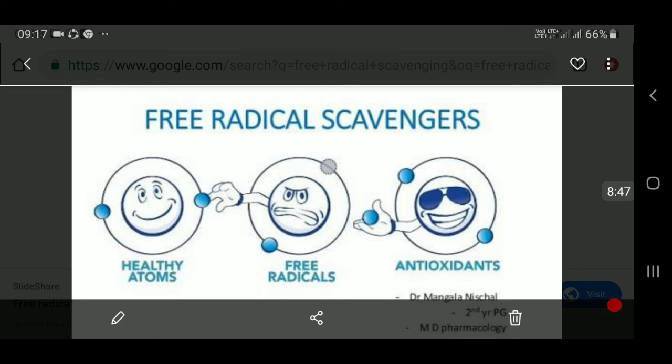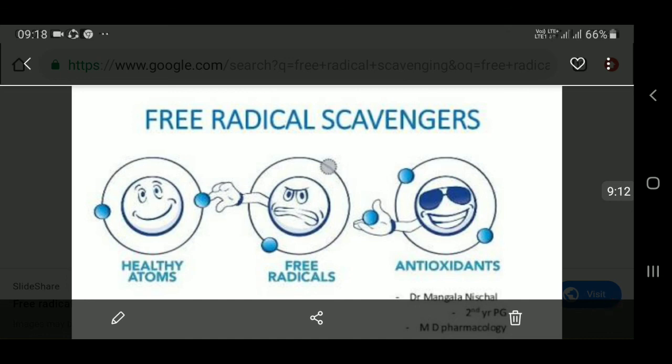The antioxidant, shown on the right side, is happily giving an electron to the free radical, and hence antioxidants neutralize free radicals and prevent our cells from getting damaged. So they are called free radical scavengers, and carotenoid pigments are free radical scavengers.